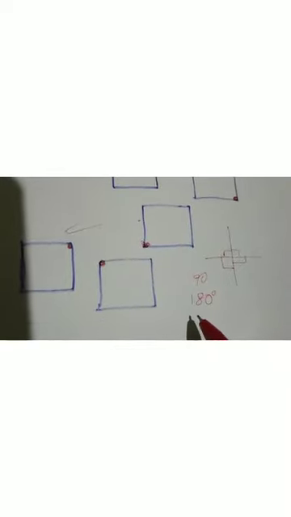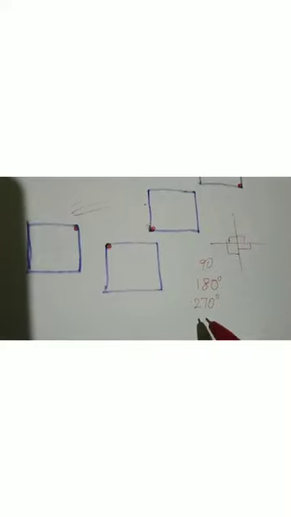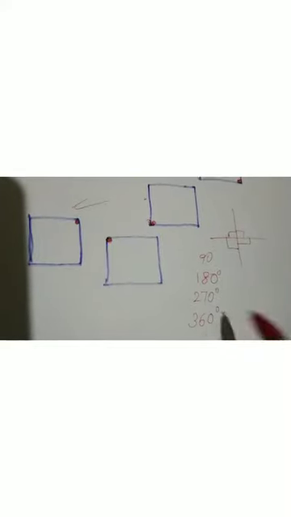Here 360 degrees. For a complete rotation, 360 degrees is the angle. For a half rotation, half turn, that will be 180 degrees. For a quarter turn, that will be 90 degrees. For a 3/4 turn, that will be 270 degrees.